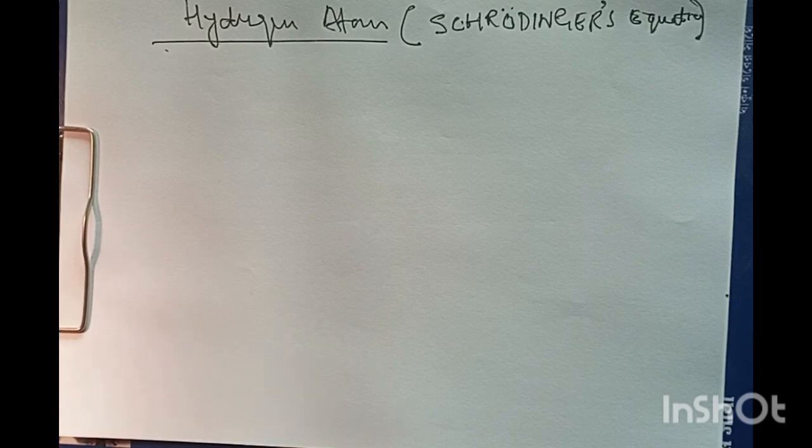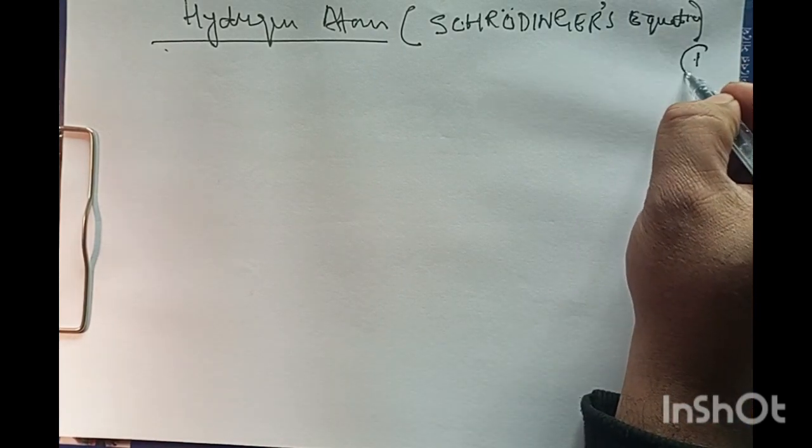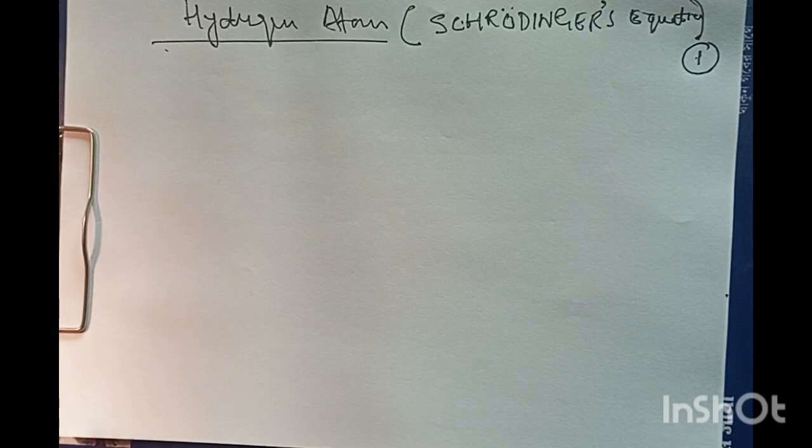As we know, we have talked about the hydrogen atom in principle, where we used the postulates of Bohr's model and could calculate the quantization of energy in the case of the hydrogen atom.